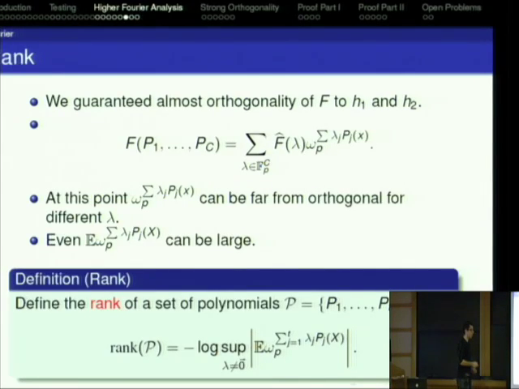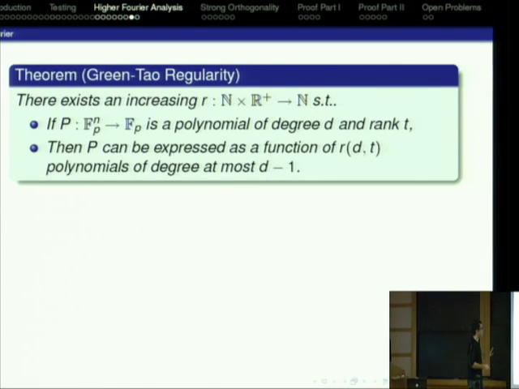But the inverse is not, the connection is not clear, and that's a definition that works when you don't need to understand what the tensor rank is. So the theorem says that if the exponential of your polynomial is large, if you take the average, or if the rank is small, then your polynomial p in fact has some lower degree nature.